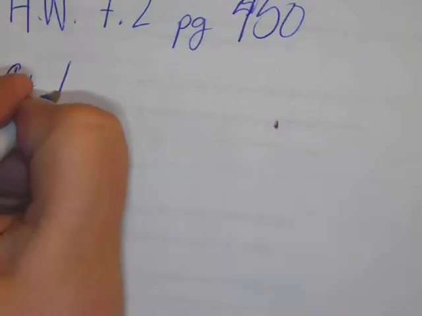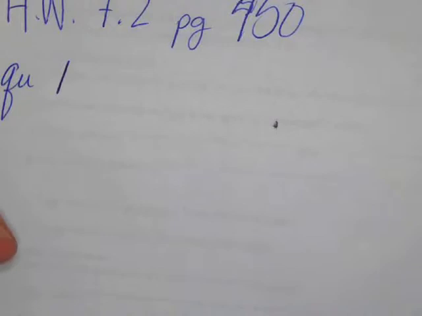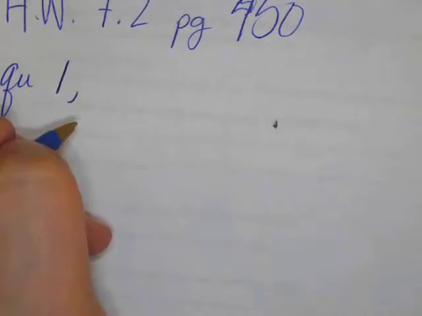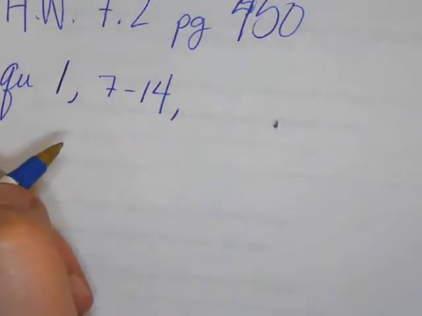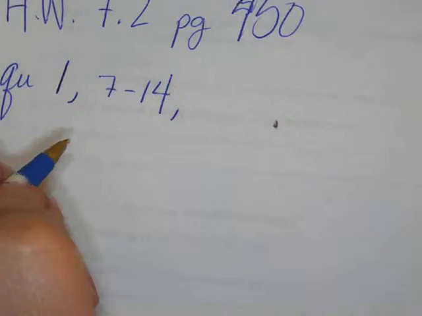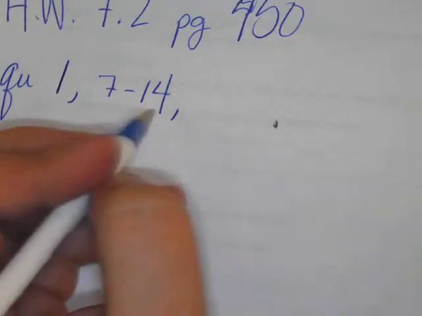I only want you to do one of the point by points. So I want you to do question 1. Then 7 through 14 are on your calculator.